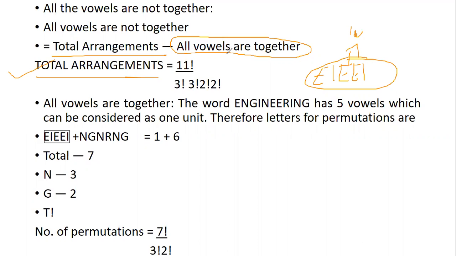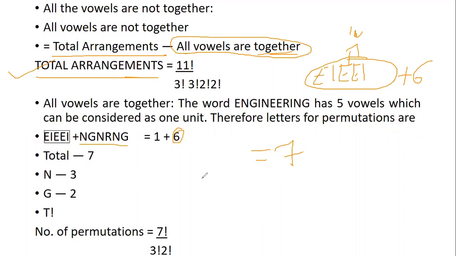Whatever is remaining, N, G, N, R, N, G, the other 6 letters, are separate units. So 1 unit of vowels plus 6 other consonants will give me totally 7 units.